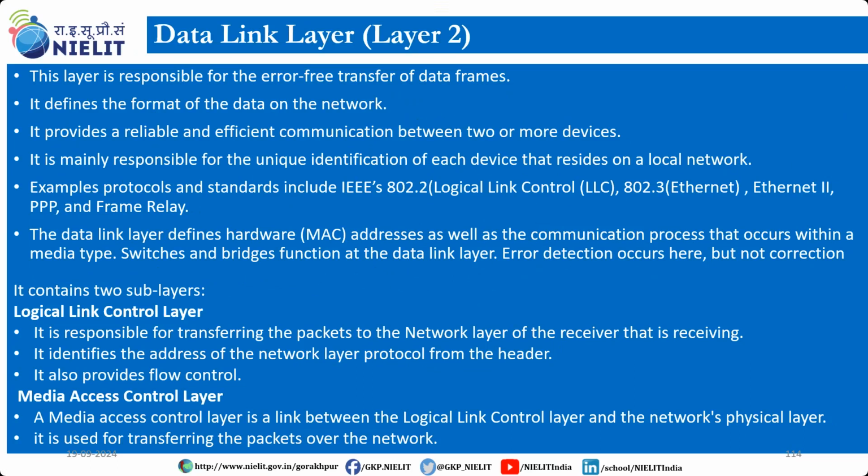So the data link layer is responsible for framing. The switching operation is carried out in the data link layer. Whatever data is handed over from the network layer will be converted into a frame. Then this frame will be converted to data in accordance with the physical layer.